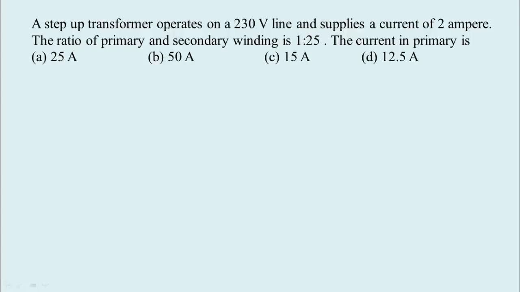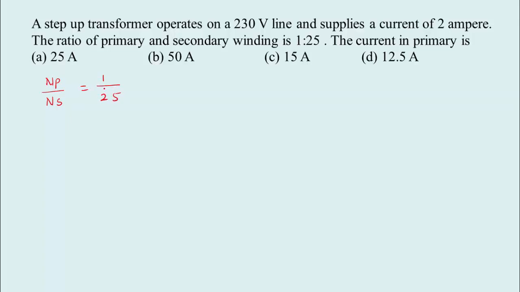See here, a step-up transformer operates on a 230 volt line and 2 ampere current. The ratio of primary and secondary winding is given, that is, we can write NP divided by NS, number of turns in primary with respect to secondary, that is 1:25, that is 1/25.